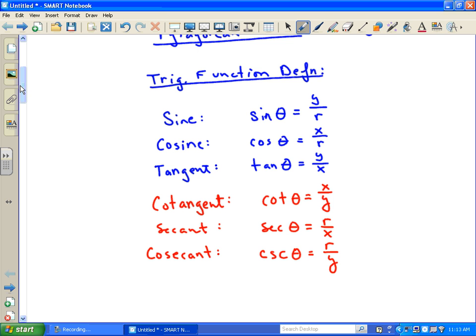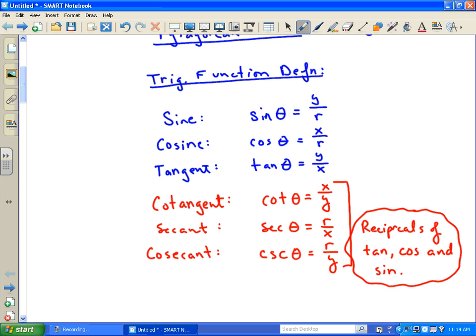I call these 3 reciprocals of tan, cosine, and sine, in that particular order. So if I know 3 of them, I know the other 3 for free.